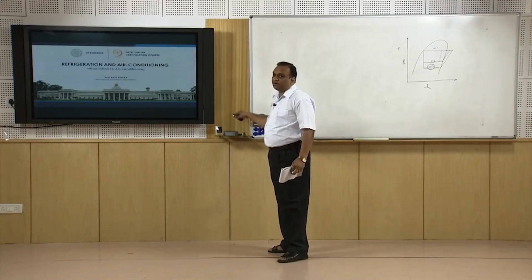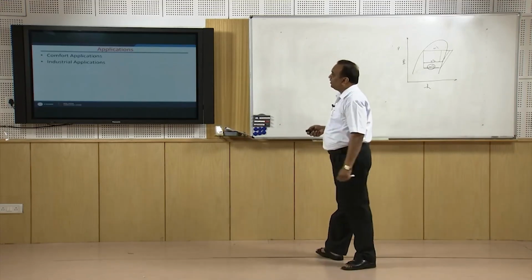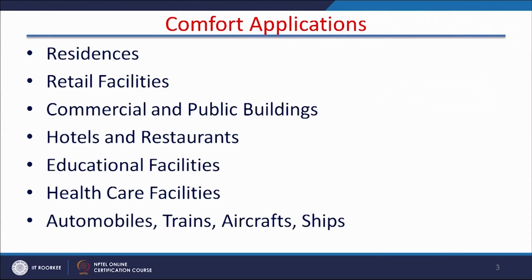Now, there are a number of applications of air conditioning systems. Not only for comfort application, it has immense industrial application also. For comfort applications, ACs are used in residences, as all of us know. Retail facilities: if you go to the market, you will find that in a number of shops they are using air conditioners. Commercial and public buildings.